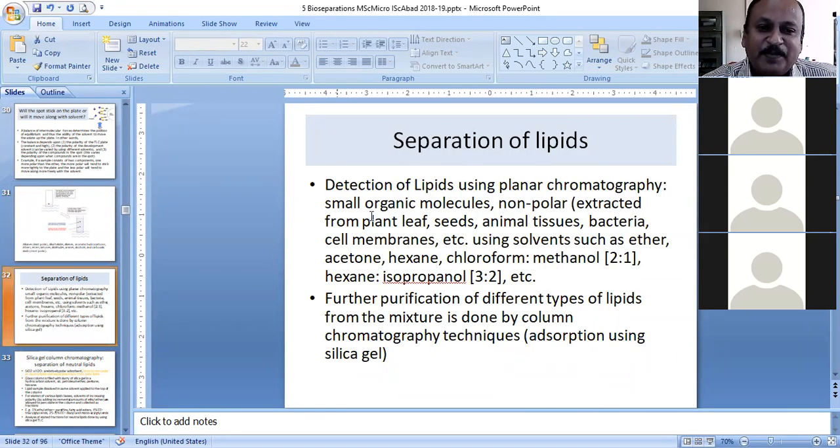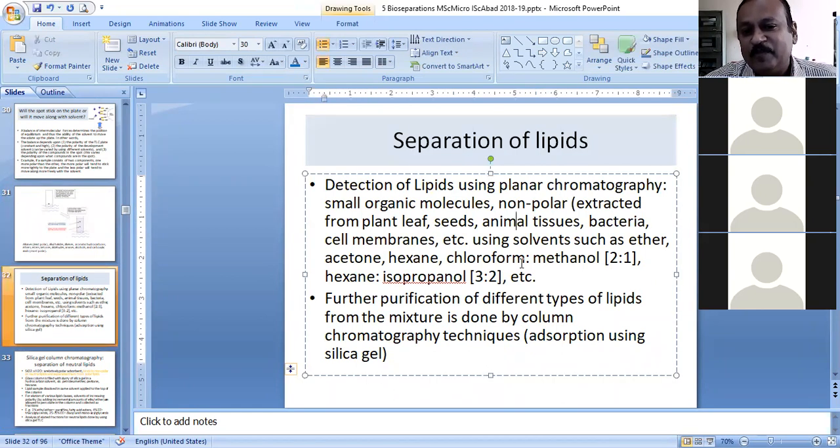So this is an example again, if we want to separate lipids. The lipids may be extracted from plant leaves, seeds, or animal tissues. We can also extract the lipids from bacteria. And then we can use solvent systems like ether, acetone, hexane, or a mixture of chloroform and methanol in the proportion of 2:1.